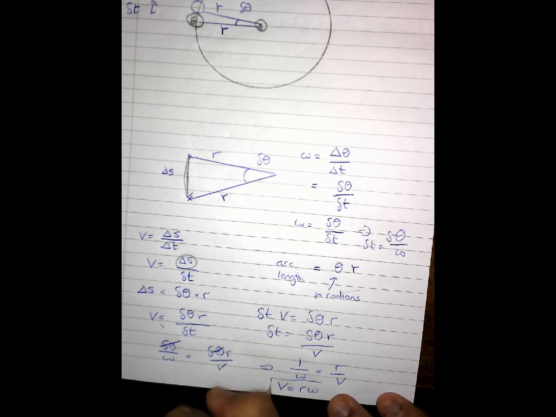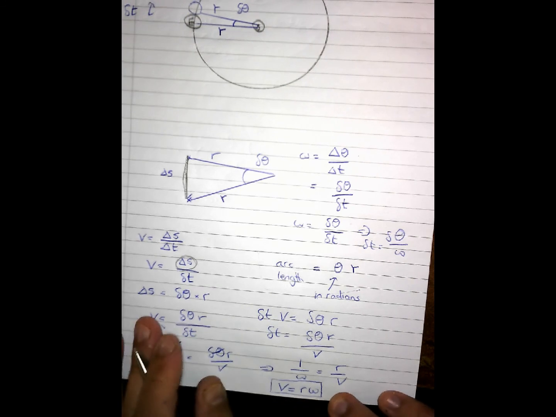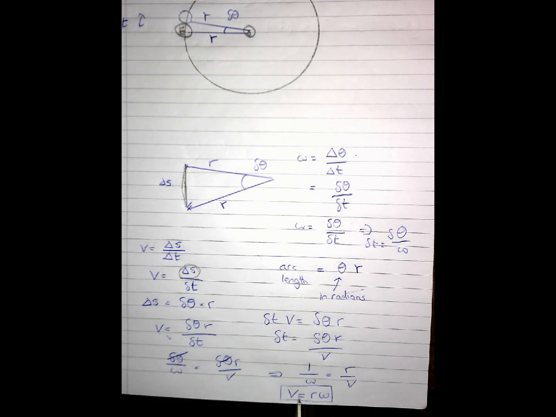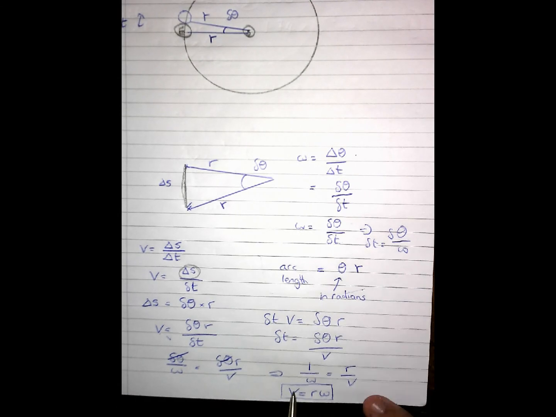And this is the key result that I wanted from this derivation. It shows that there's a clear relationship between the regular velocity, our linear velocity, and our angular velocity. In fact, to get the linear velocity, all we've got to do is multiply the angular velocity by the radius of our circular path.